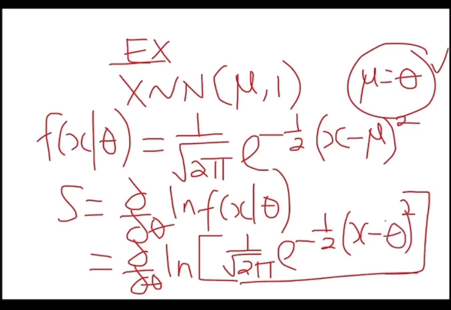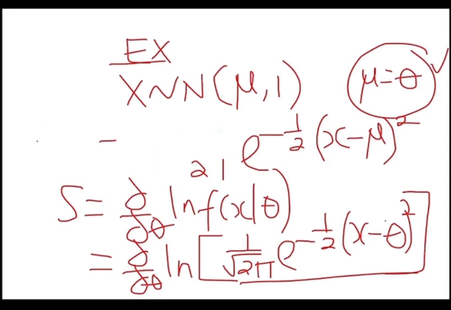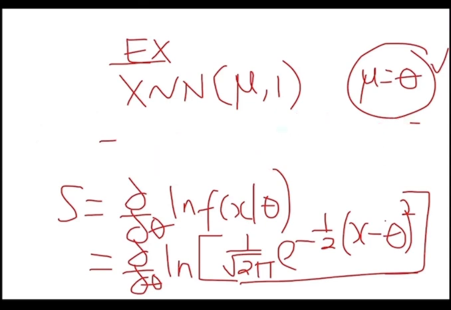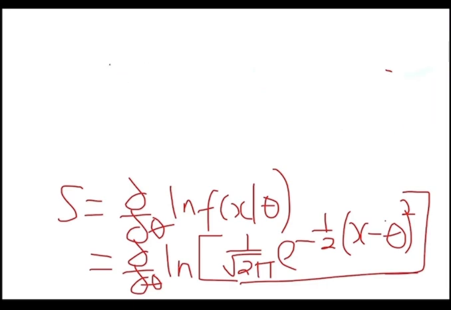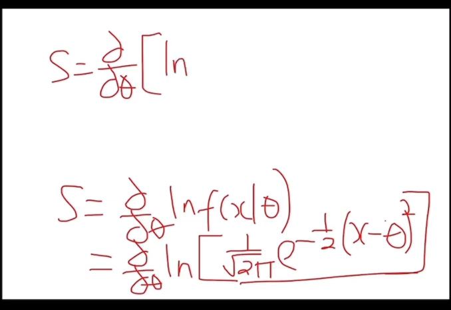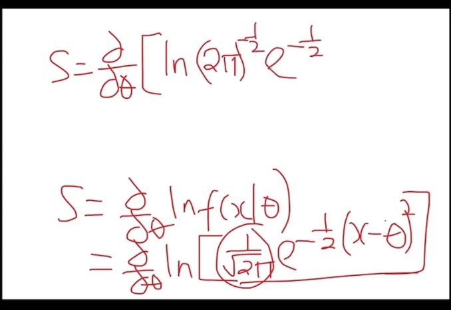Before differentiating that, I'm going to write d/d theta of ln of this, which I can write as 2 pi raised to the power negative half, then exponential raised to the power negative half times x minus theta squared.